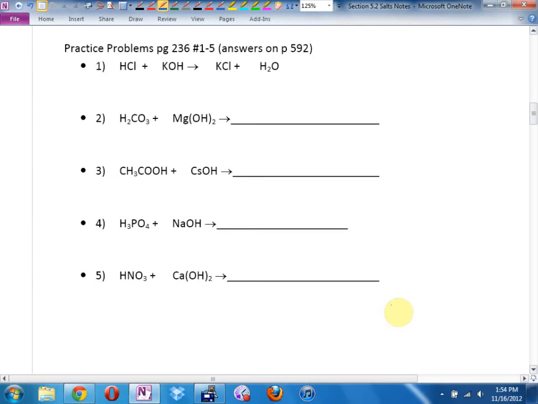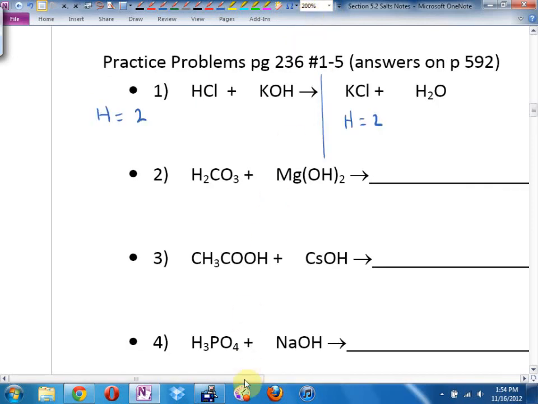Let's double check. Is it balanced? How many H's do I have on the left-hand side? 2. How many H's do I have on the right-hand side? Oh, is H2? I think I'll make this a bit bigger. That's better.